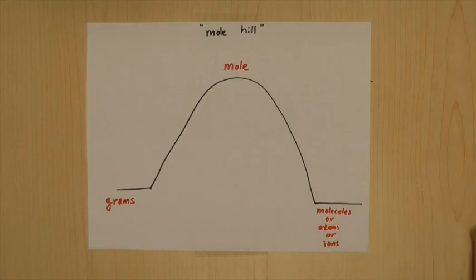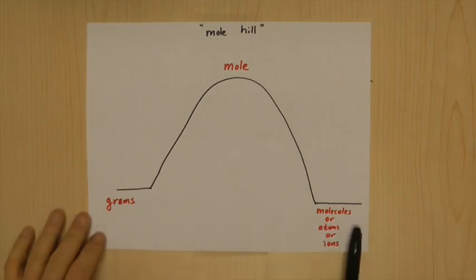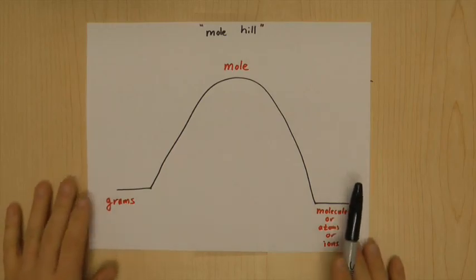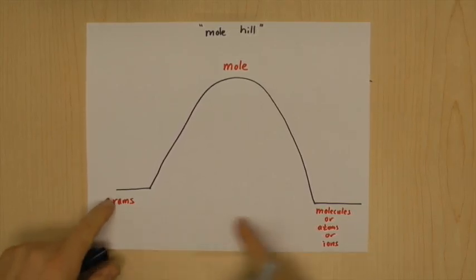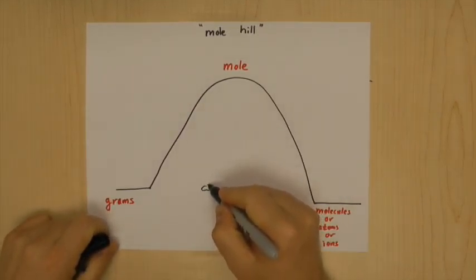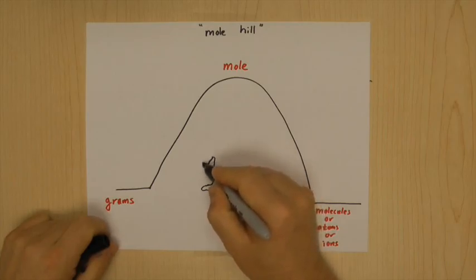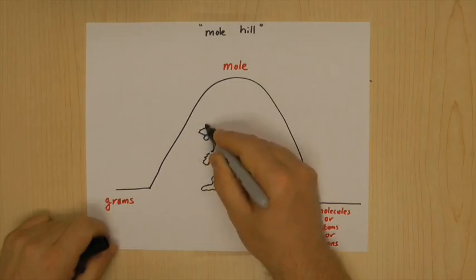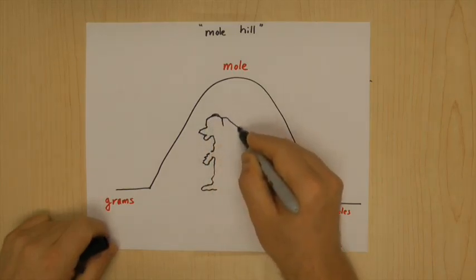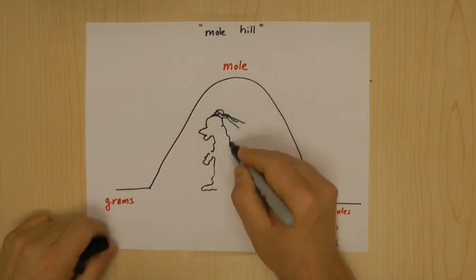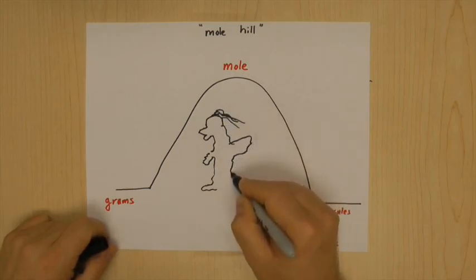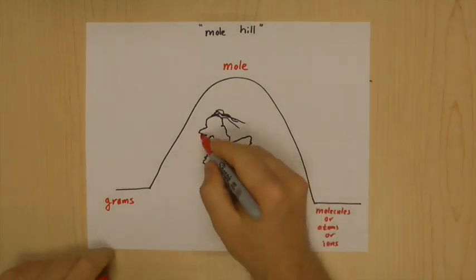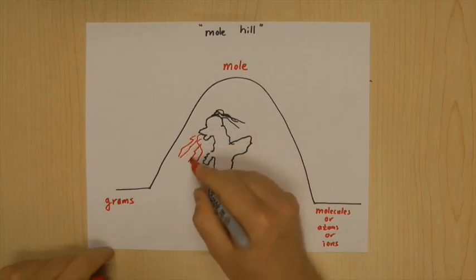So now, students tend to want to go from grams all the way to molecules, atoms, or ions. Resist that urge, and here's why. Because between here and here, there is an evil species lurking with tremendously evil hands and a horrible, horrible, evil mouth and a brow and long flowing hair and maybe even some kind of wing and a tail, and breathes fire, burns up 1032 students in his wake.